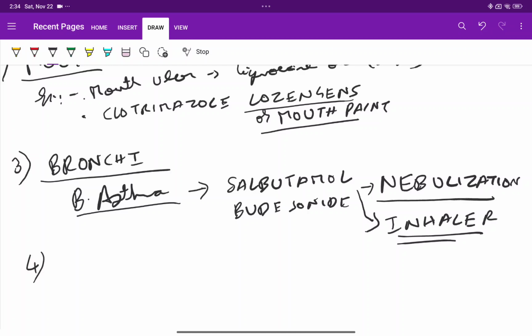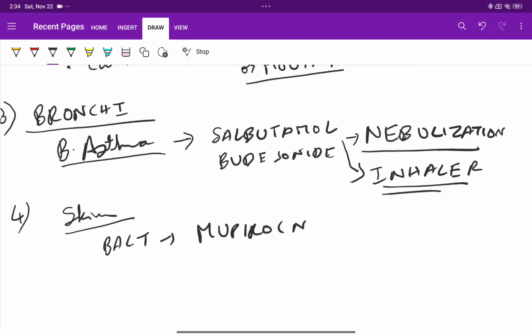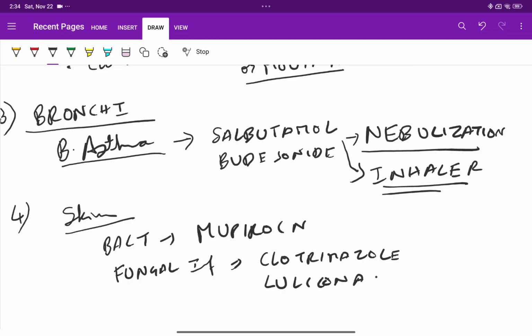Then the fourth one is the skin. We commonly encounter so many fungal and bacterial infections. For bacterial infection, we commonly give mupirocin ointment, and for fungal infection, we usually give clotrimazole, fluconazole ointments.